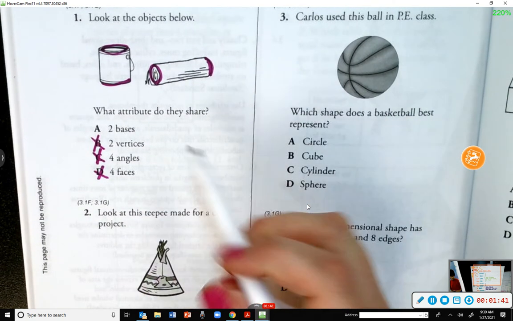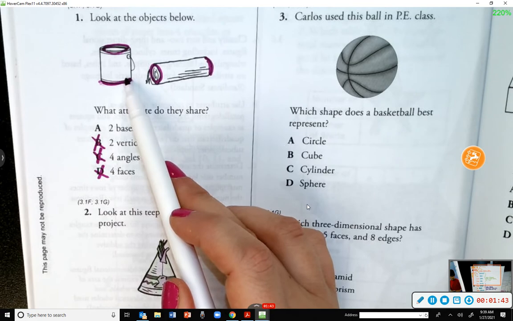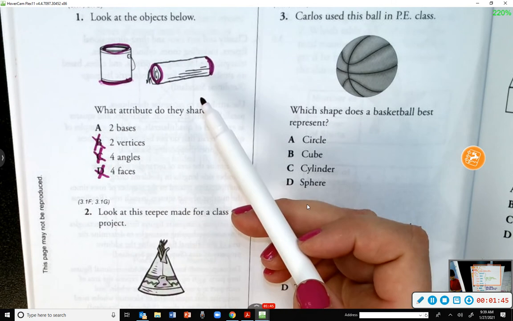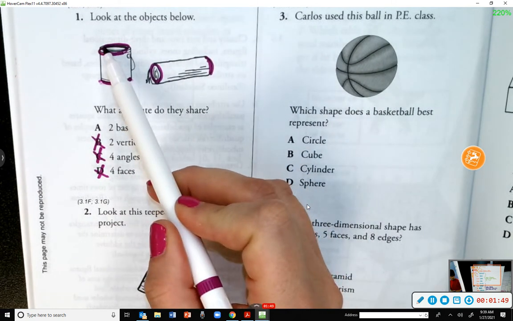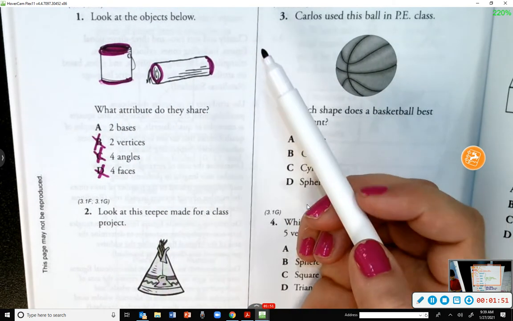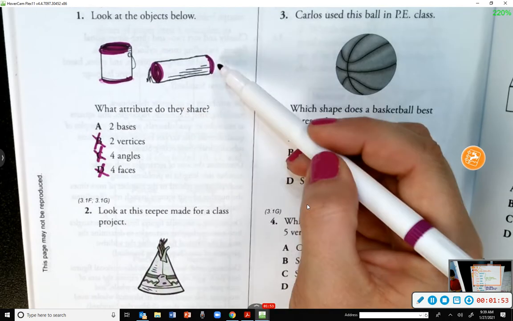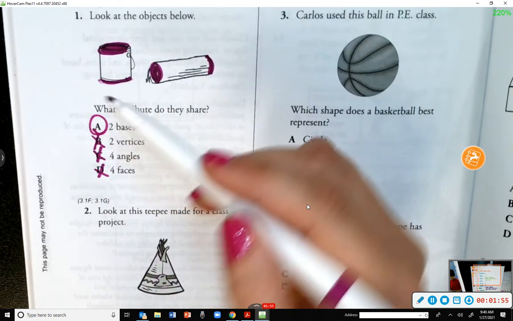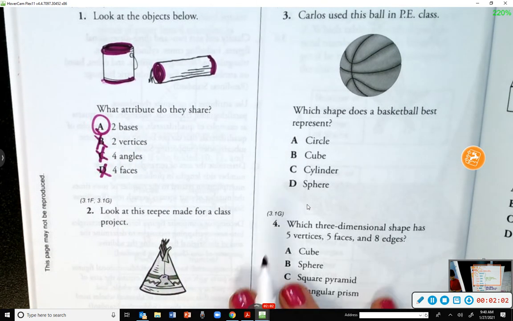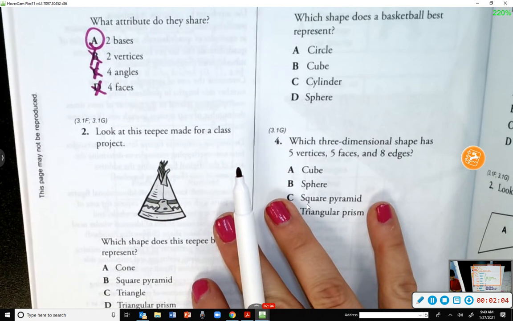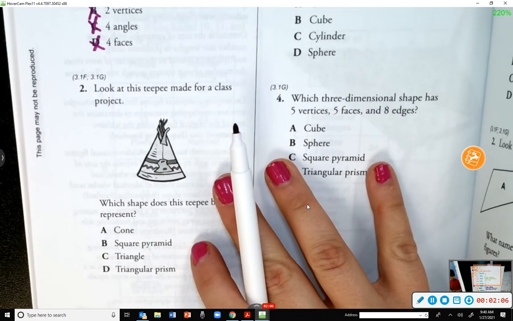So this is a base because we can set the can, or the cylinder, on it. And if I flipped it over, could this be a base also? Yes. So these are your bases. So A is correct. They both have two bases. A base is just another word for the bottom of it that you can set on a table or a flat surface.